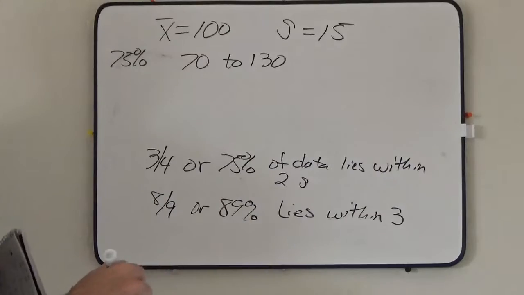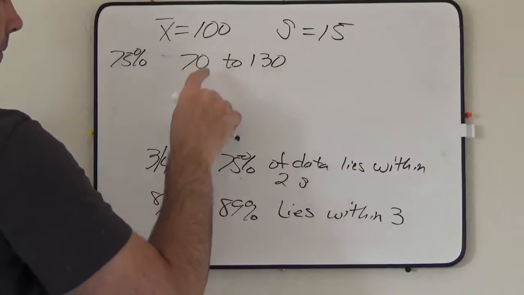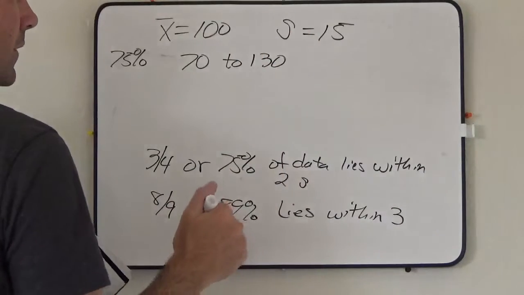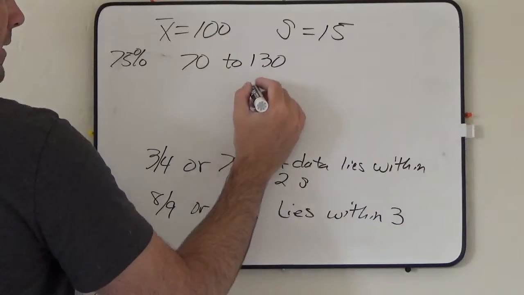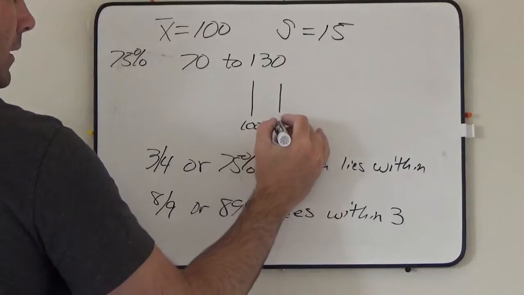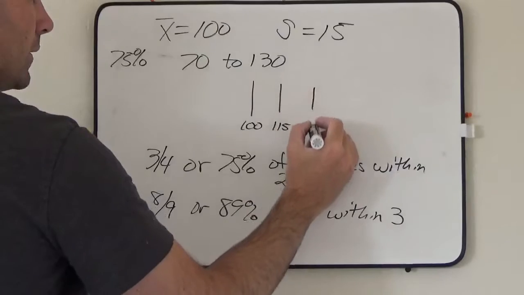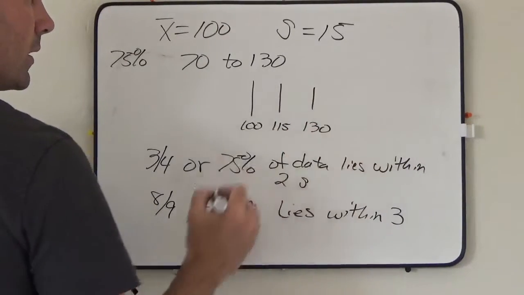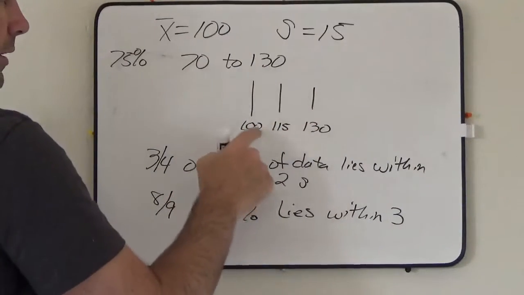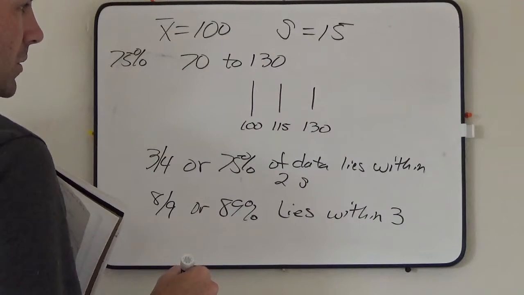Now, how did I get those numbers, 70 and 130? Well, if the mean is 100 and the standard deviation is 15, think of 100 as the middle point. One deviation up would be 115, adding 15 to 100. Two deviations up would be 130. So 130 is my maximum there for 75% of the values.